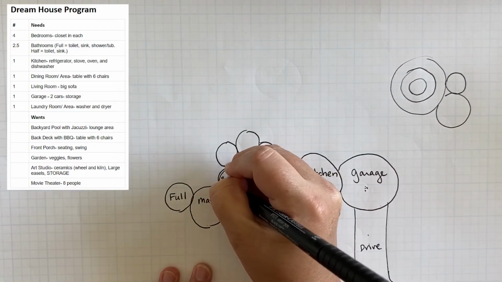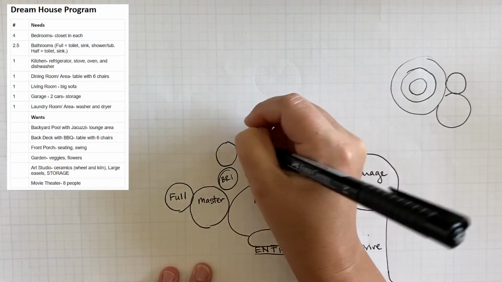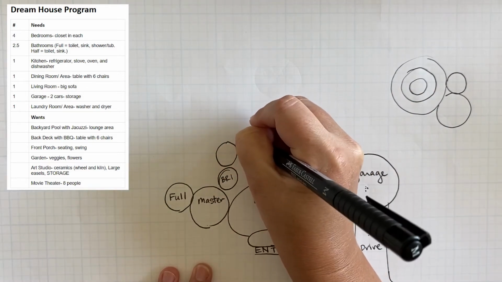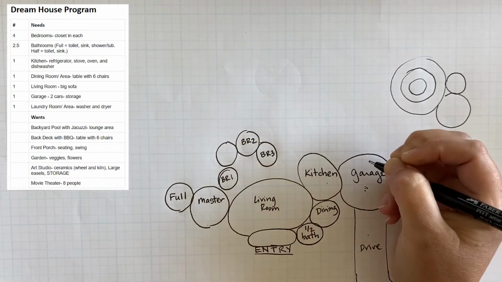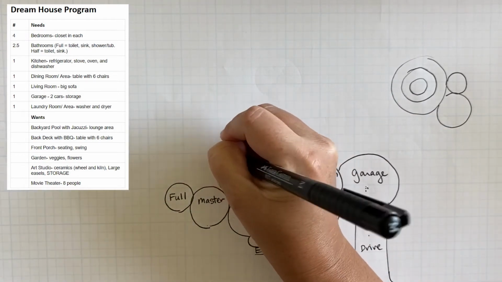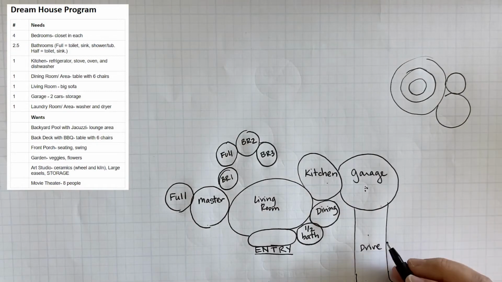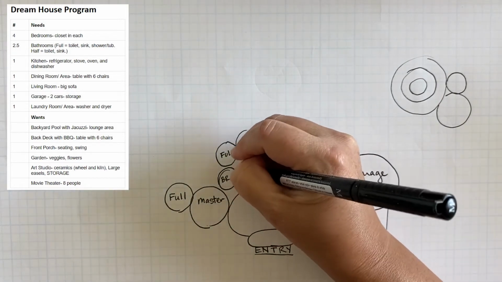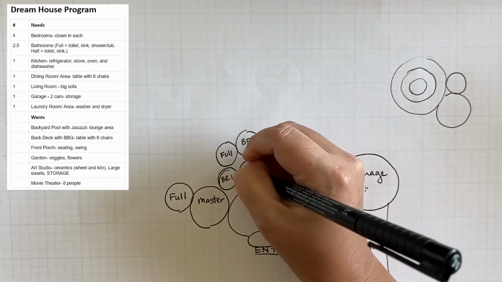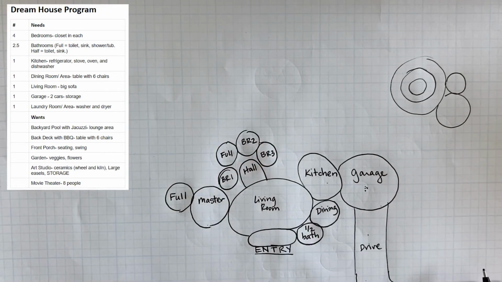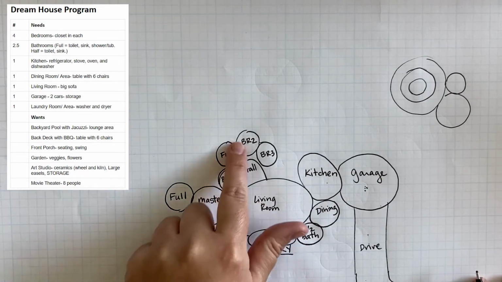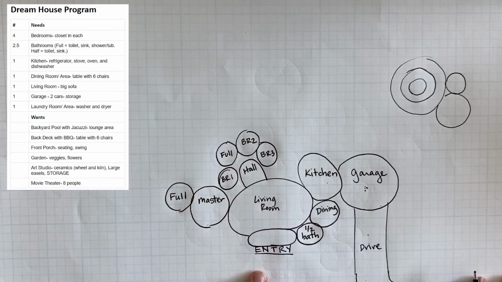So maybe this is bedroom 1, bedroom 2, bedroom 3, and here's my full bath. And then this area in here will most likely become a hallway of some sort. It could be pretty short and small, but connecting the living room to these bedrooms.